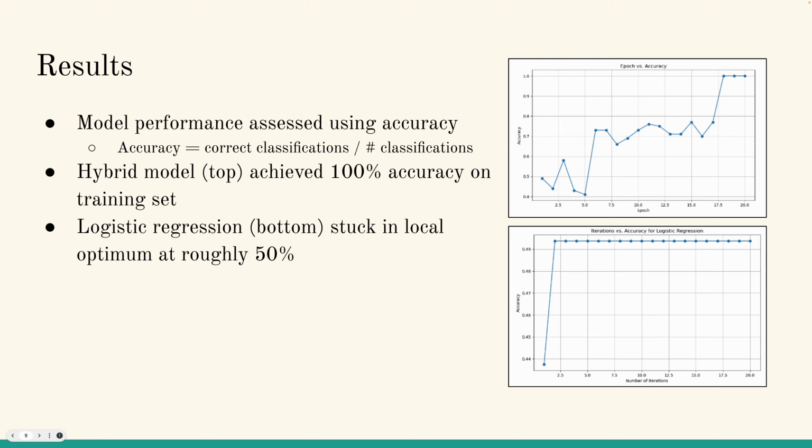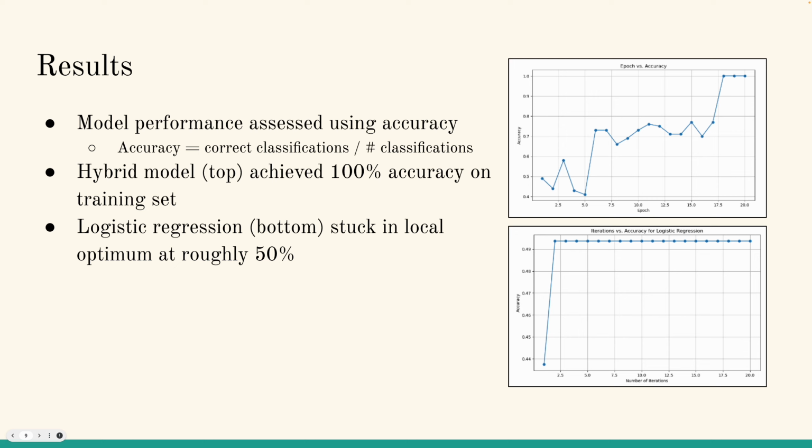And this is exactly what the research, and specifically the data set, aimed to do. It was our understanding that logistic regression would not really be able to classify this data set that had that interwoven data pattern.